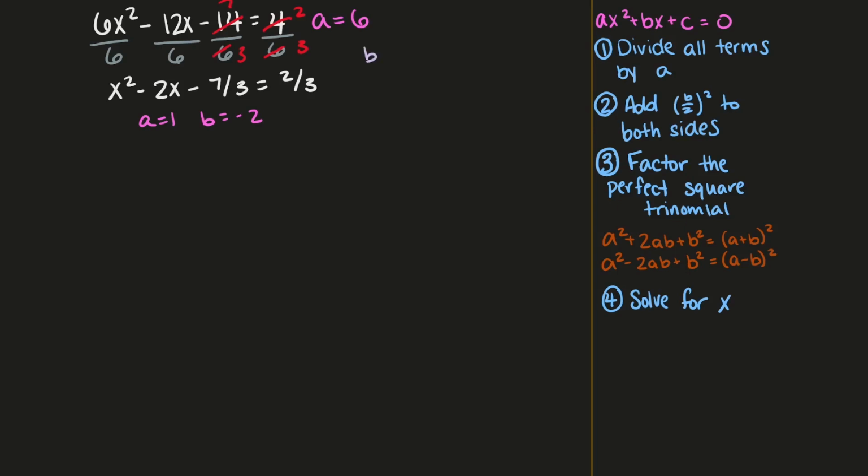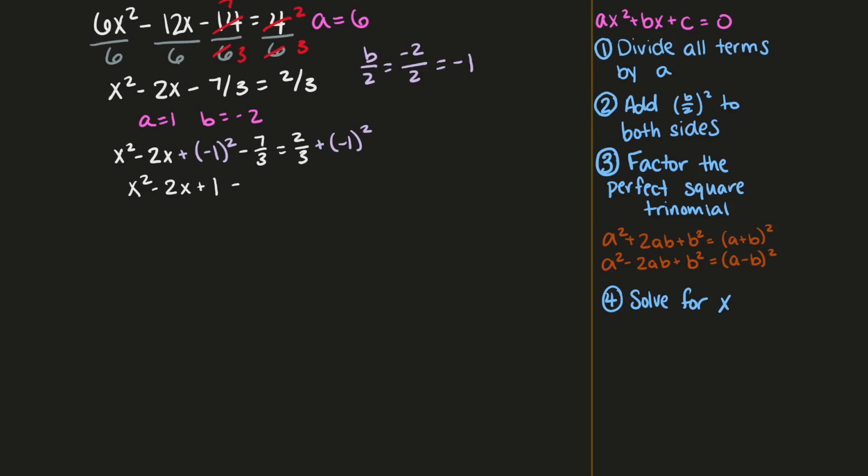So this means b over 2 is equal to negative 2 over 2, which is negative 1. So let's add b over 2 squared to both sides. We get x squared minus 2x plus negative 1 squared minus 7 over 3 equals 2 over 3 plus negative 1 squared, which is x squared minus 2x plus 1 minus 7/3 equals 2/3 plus 1.